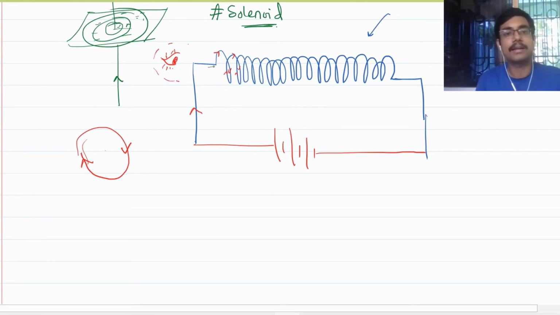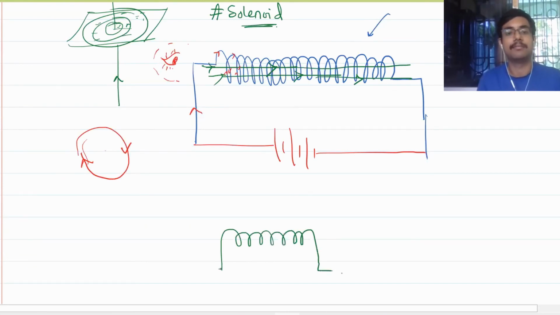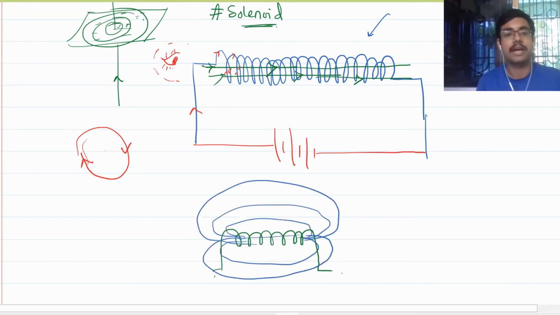So can you say that the magnetic field is like this? Now you would be surprised to know that if I talk about the entire magnetic field, this is how the structure looks like. This is how the entire field looks like. And it solely depends on the direction of the current.